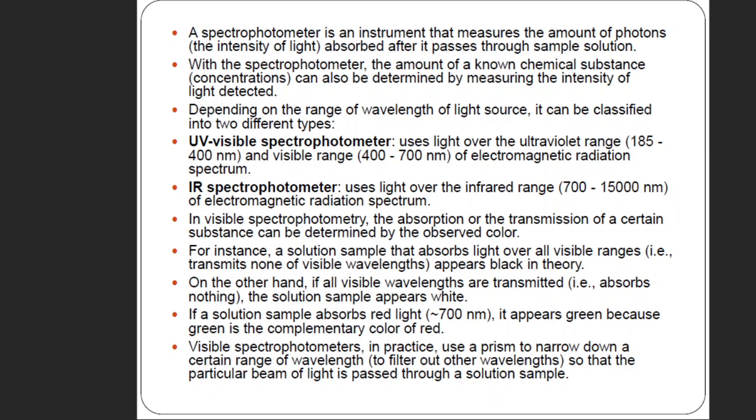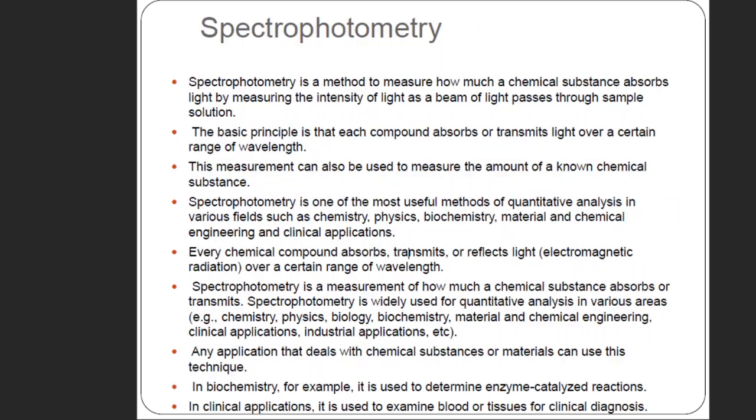We have allowed it to pass through a prism, and after falling on that prism, it has generated a spectrum, different rays of light. So in visible spectrophotometer, it uses a prism to narrow down a certain range of wavelength to filter out the other wavelengths, so that a particular beam of light is passed through a solution sample.